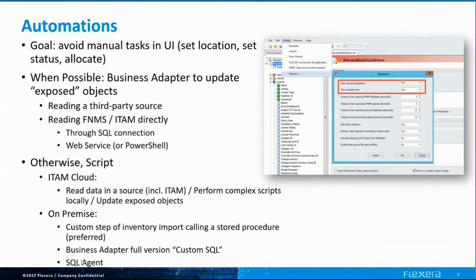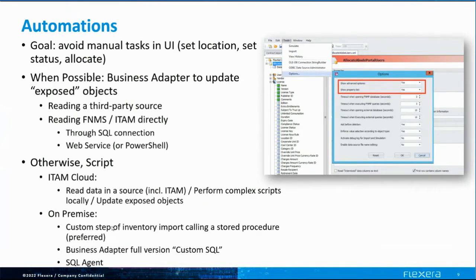have eventually some conflicts. Let's imagine you run a query while an inventory import is going on. You could have the SQL script conflicting with another process which is happening. While here, if you are on-premise and you have a custom step in the inventory, the good thing is that during the inventory, all other processes are locked and stopped.